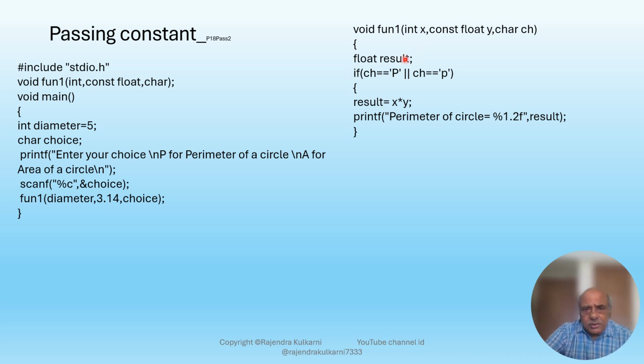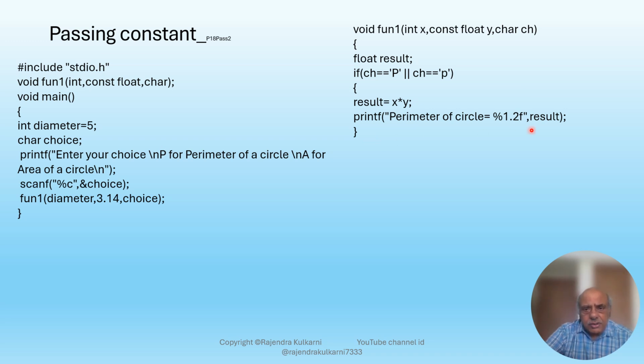Then within this fun1 function, another float variable, result, we have declared. Depending on the choice, if it is a perimeter the user wants, this result is equal to x multiplied by y, and the printf code will be executed.